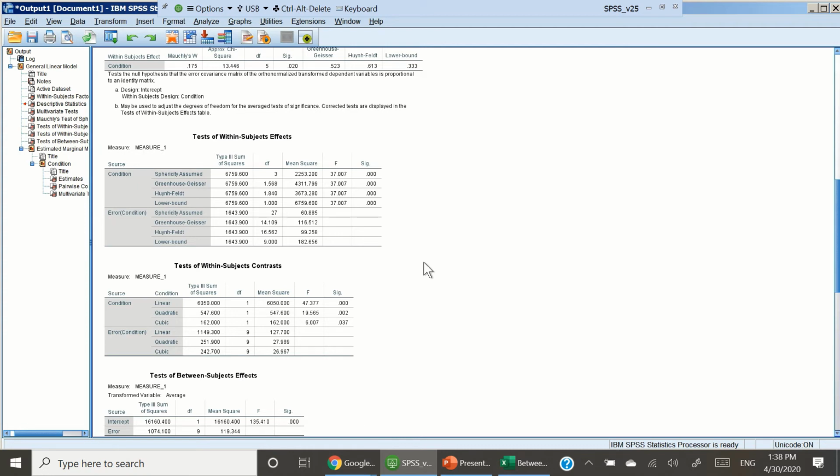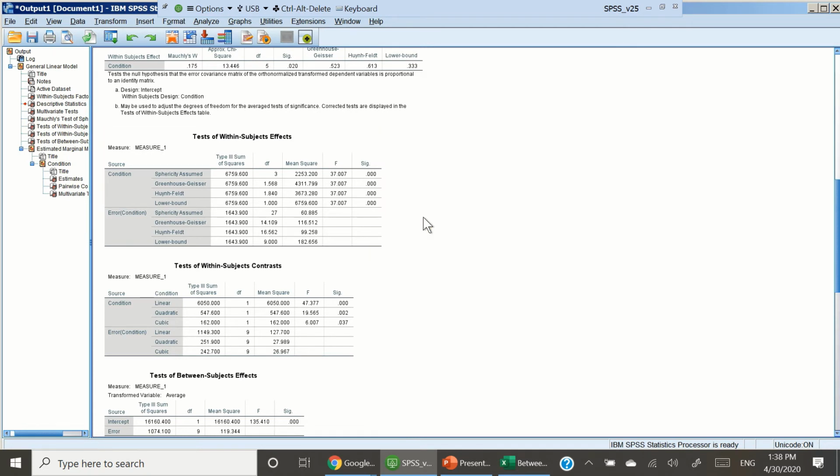Over here it gives you the degrees of freedom for the condition, so this is the degrees of freedom for your numerator, and then the error for the condition is the degrees of freedom for your denominator. Then you can see that it gives you the F statistic and the significance.